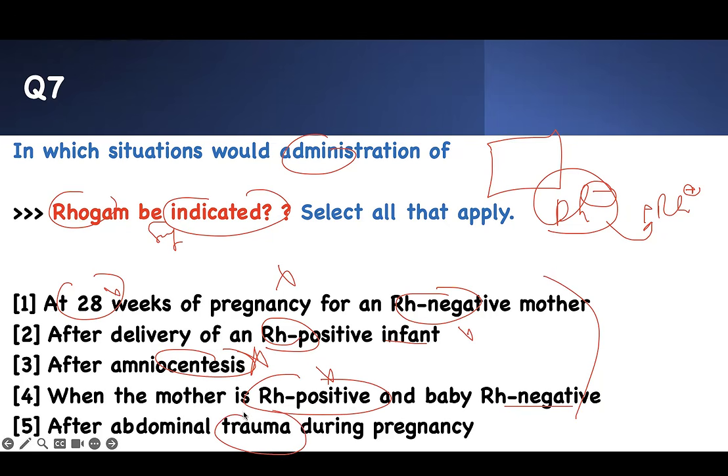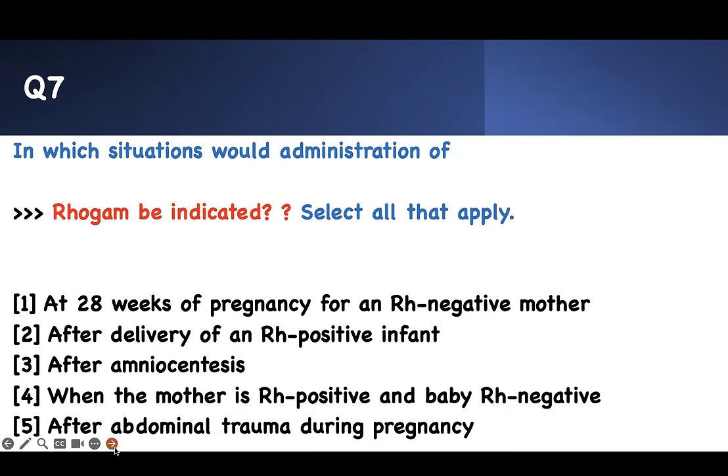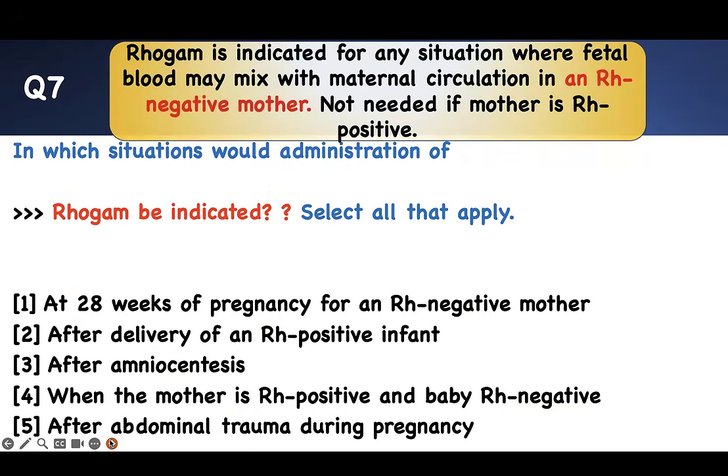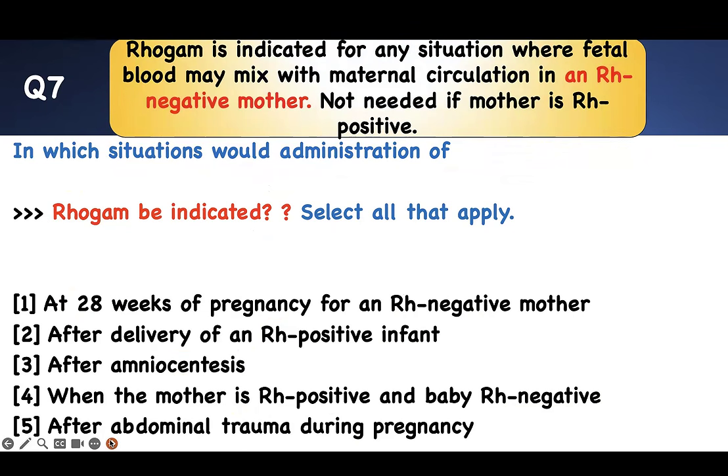And if you're involved in an accident, you're going to get it. So those are the situations I want you to know. Rhogam is indicated for any situation where there's blood mixing between the mother and the baby, where the mother has what? RH negative, right? And not indicated if the mommy is RH positive. So that's the key. So 1 is right, 3 is right, 5 is right, and then 2 is right. 4 is wrong.